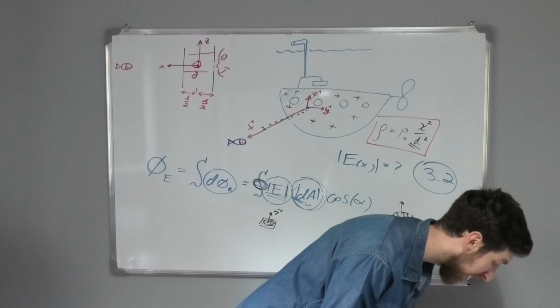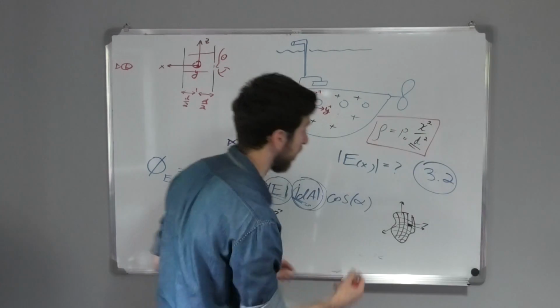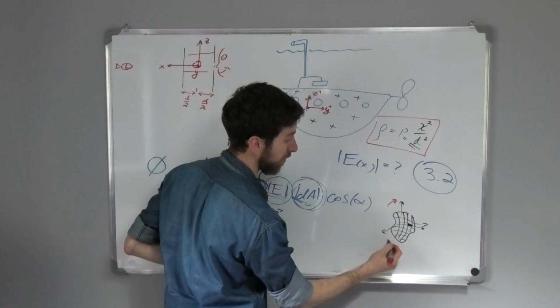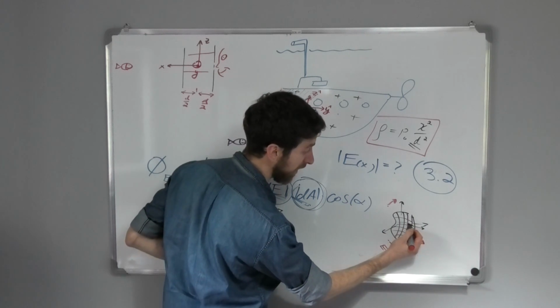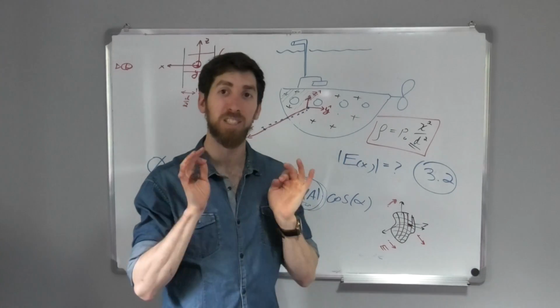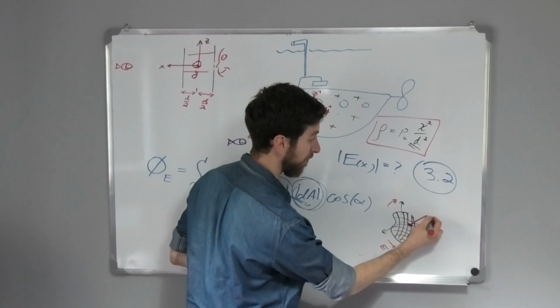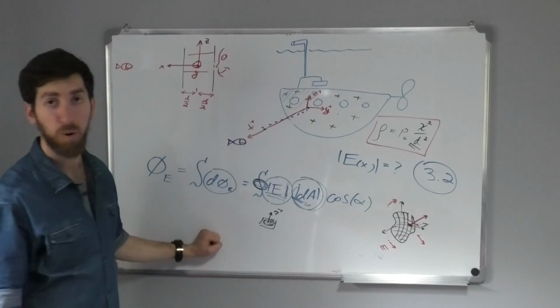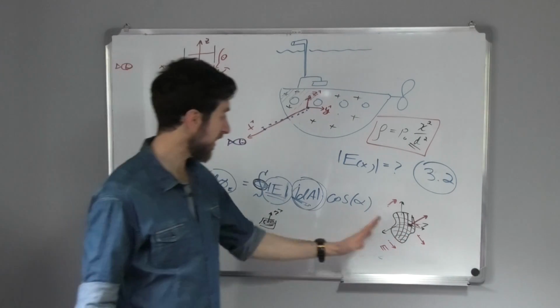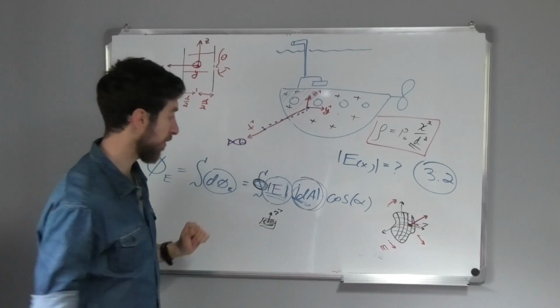So there's some electric field in the world in many locations. For example, at this point here, there's an electric field, and also at the point where dA is located, there's some electric field. And alpha is actually the angle between the two of them, okay? This is the idea of what it is.